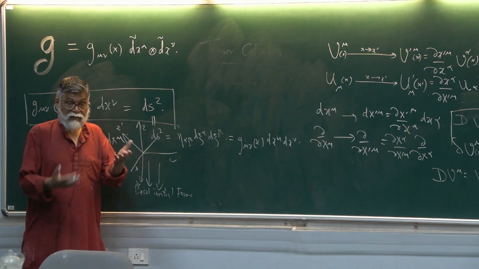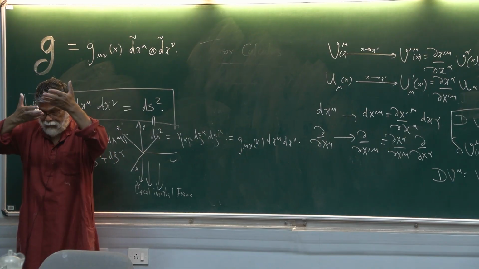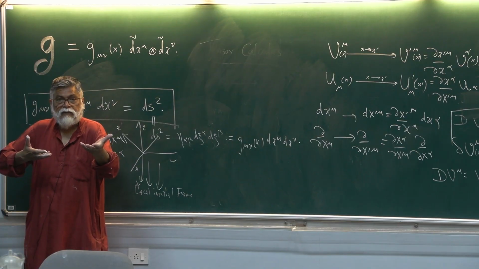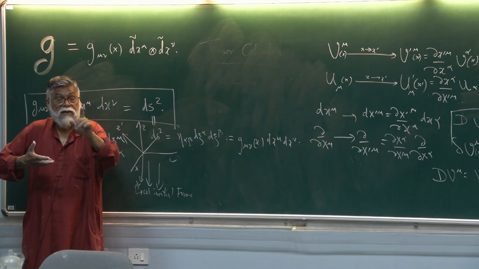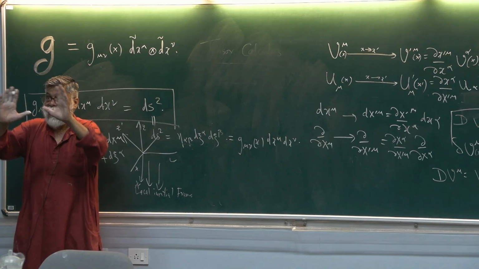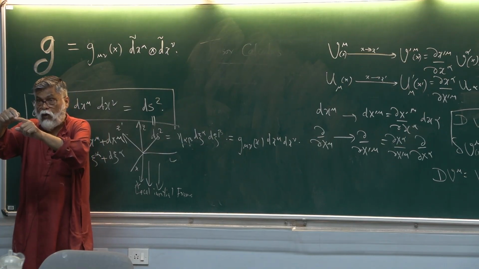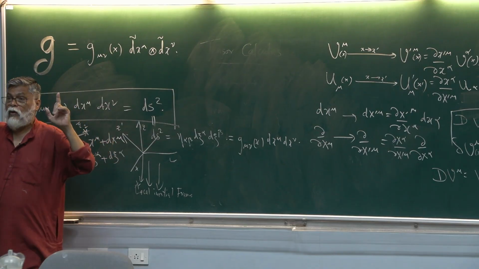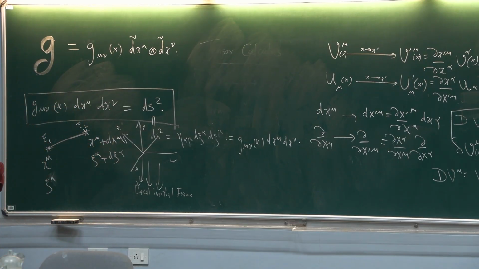Not only rotated, he might be moving uniformly with respect to me. That means the whole class of local inertial frames at the same point is infinite. And this is going to be important when I talk about the tetrad formalism.